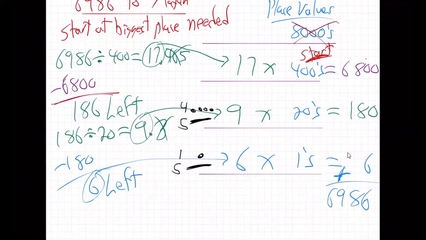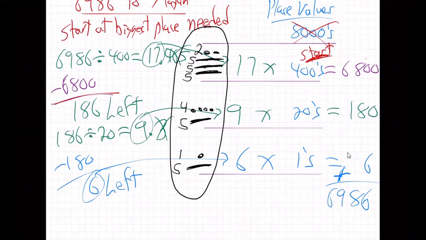There's our 9. 17 is bar, bar, bar, 3 bars. That's 5, 5, 5, and 2 dots, 17. So there's the Mayan number. There it is. There's the 6,986 of the Mayan system.